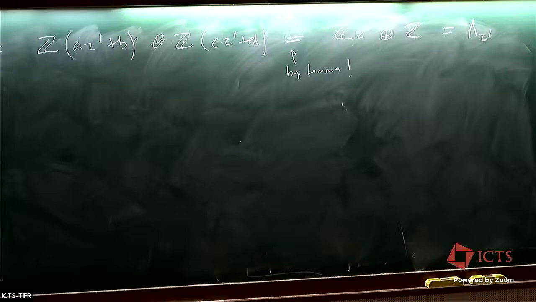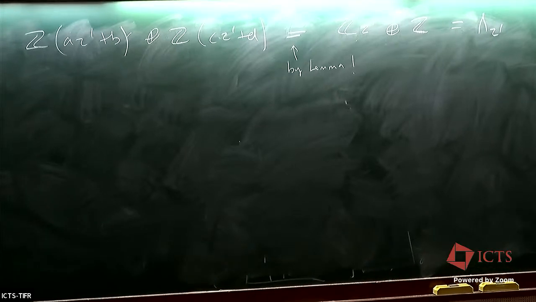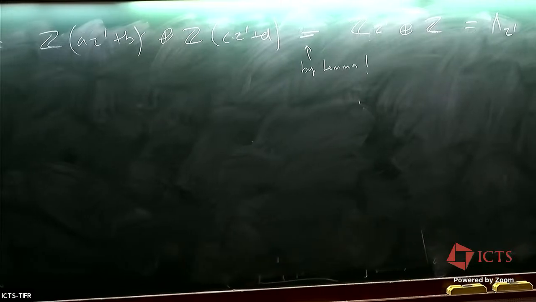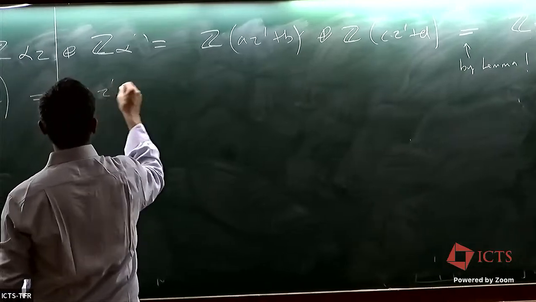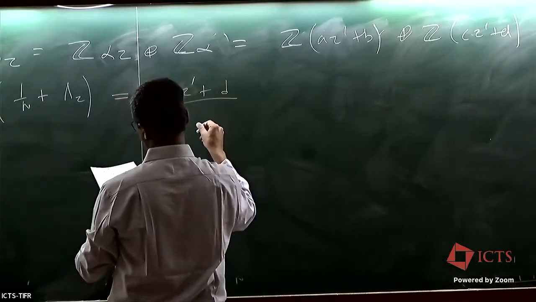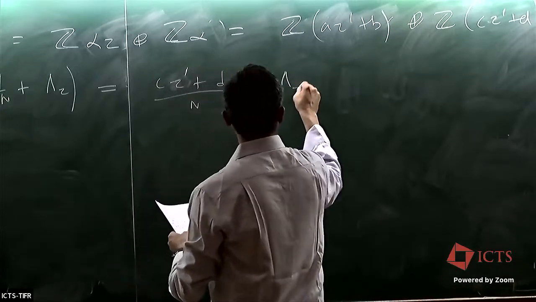Okay, a similar computation for the point of order n. This one is easier. C tau prime plus D over n, plus lambda tau prime.